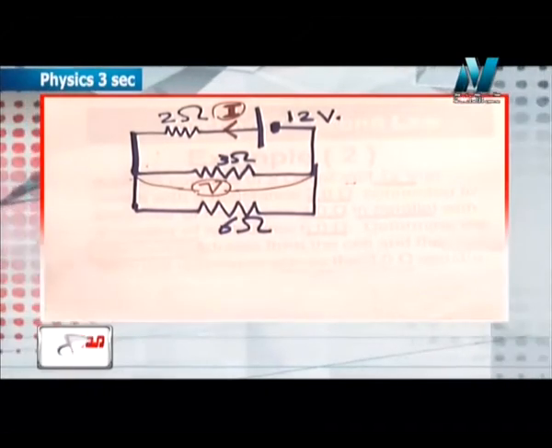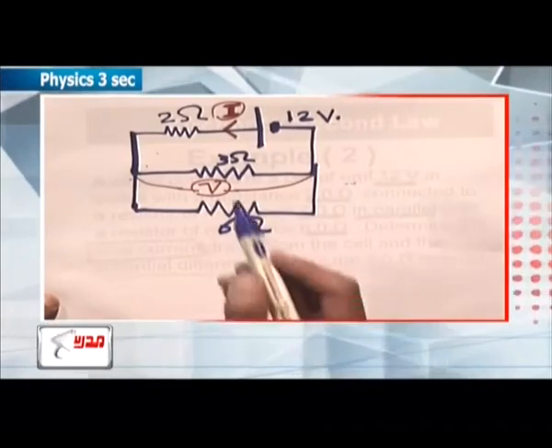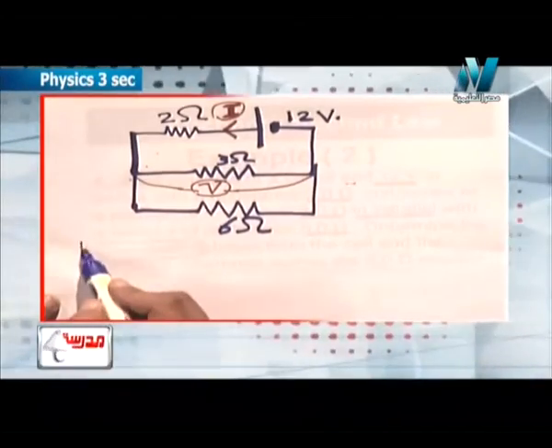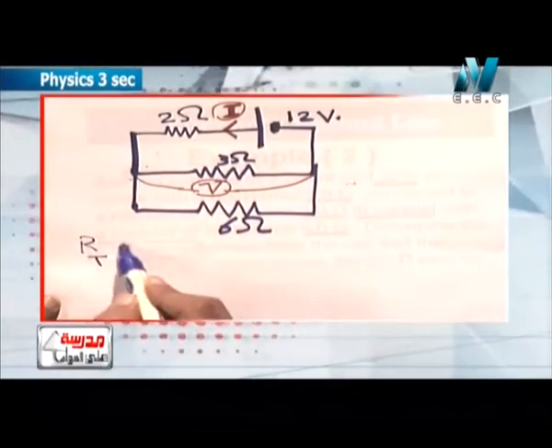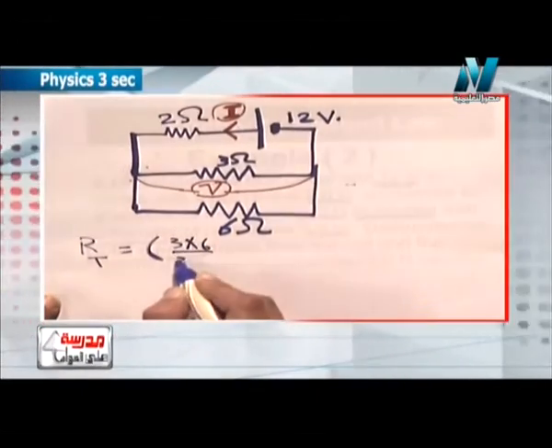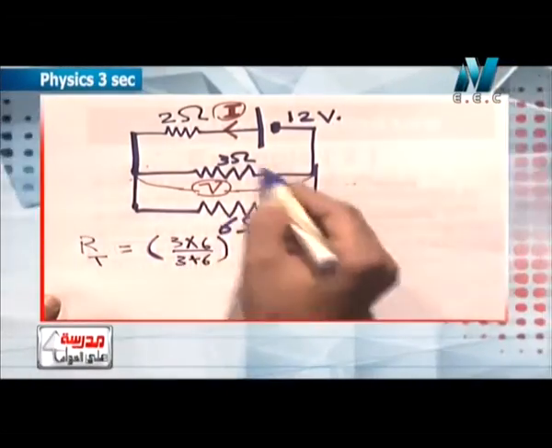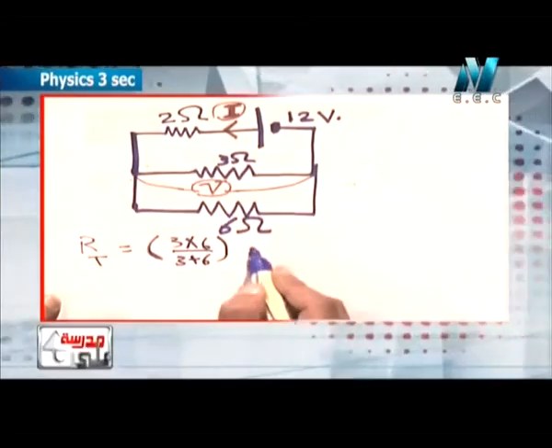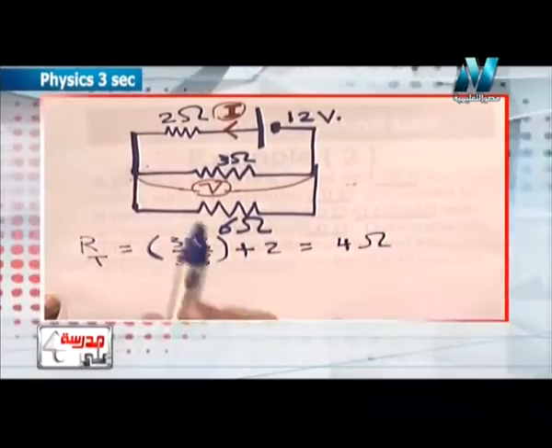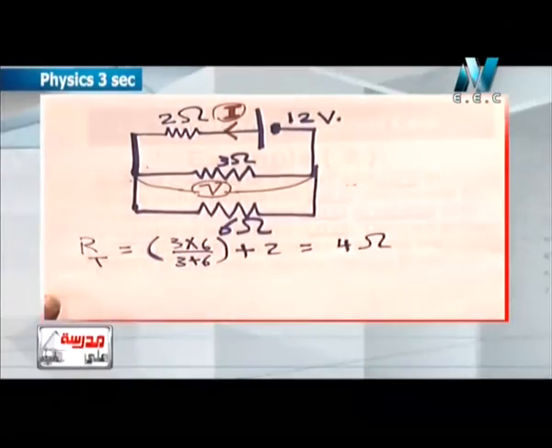First, we can solve that problem by using series and parallel equations. 3 ohm and 6 ohm in parallel. R total equals 3 times 6 over 3 plus 6 for the parallel combination, in series with 2, so 2 plus 2 equals 4. So the total resistance of the 2, 3 and 6 ohm, all of them, equals 4.